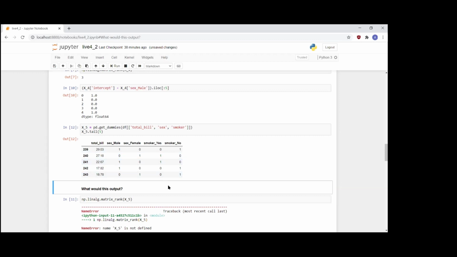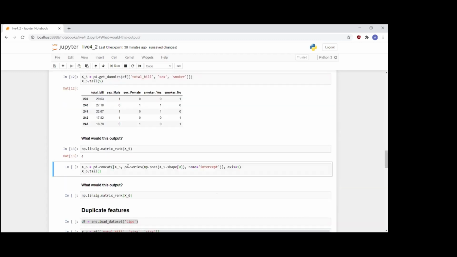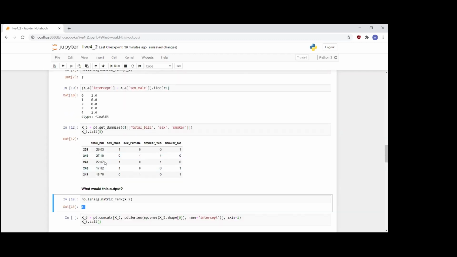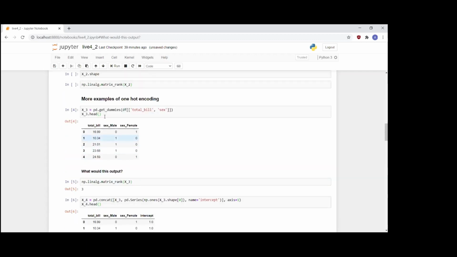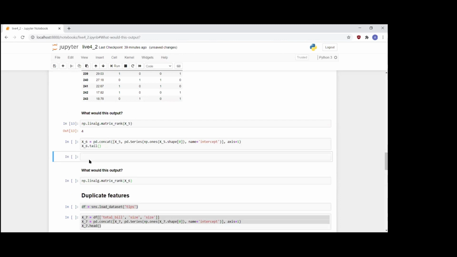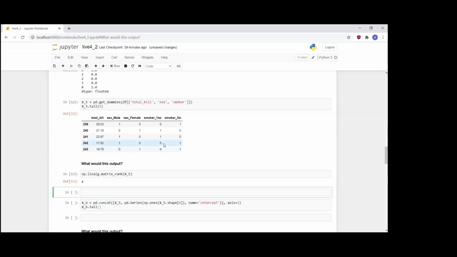Okay, so the answer here is actually 4. The reason being, I can construct the smoker yes column by adding the sex male column and the sex female column and subtracting the smoker no column. So let me make that clear.